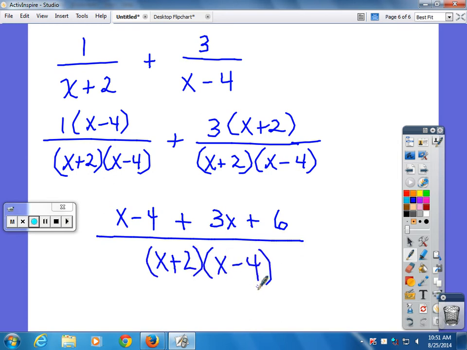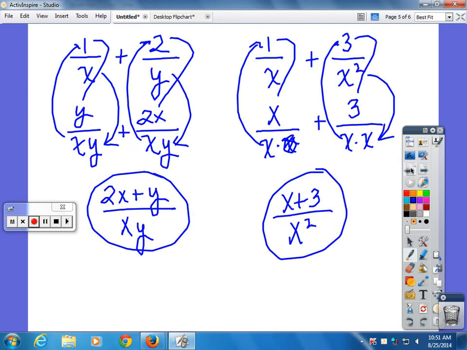Now right here, when I do this, a lot of people turn their head and go, why did you do that? Well, I didn't do anything new. Did I do anything new? Y'all been doing it since pre-algebra.